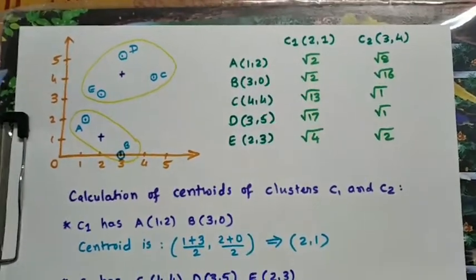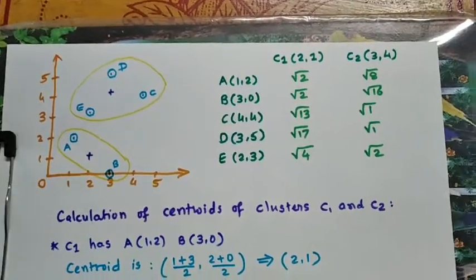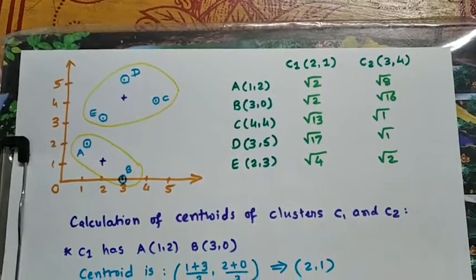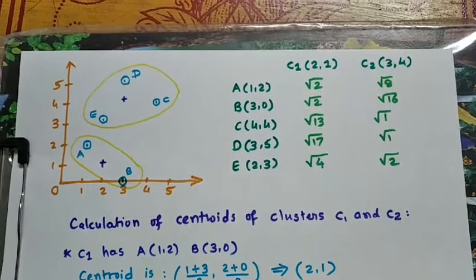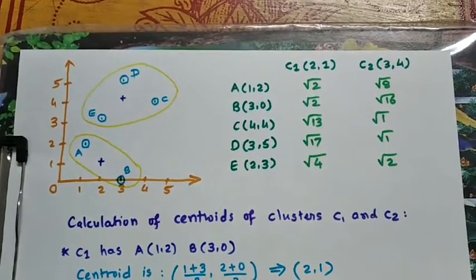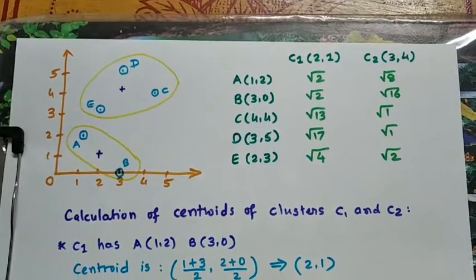Ultimately what we observe is, after this iteration, objects A and B belong to one cluster and C, D, E belong to another cluster. What does that mean? There is no change in the allocation which we did in the previous iteration.